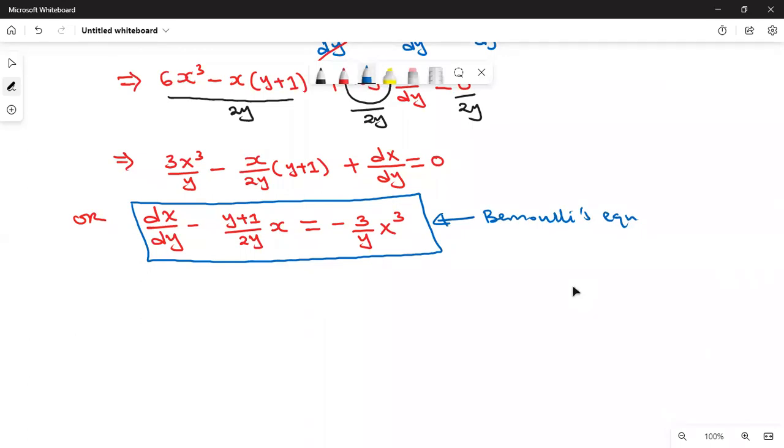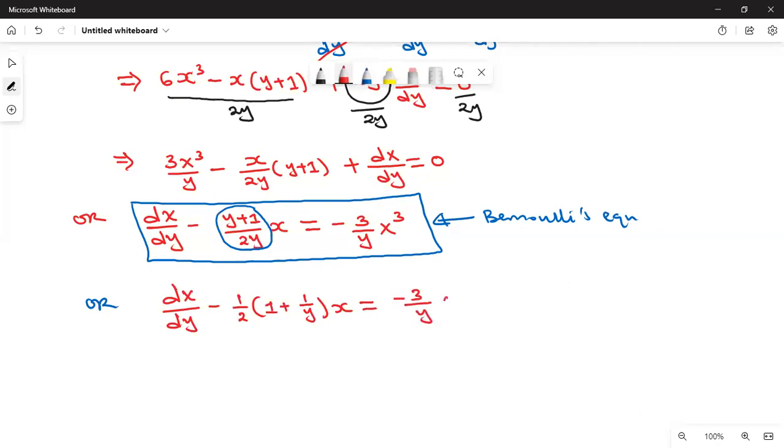If I simplify this one, I want to divide by y, so that equation can as well be written as dx over dy minus 1 over 2 into 1 plus 1 over y times x is equal to negative 3 over y times x cubed. So that's what we have.